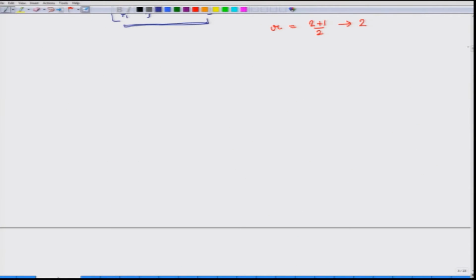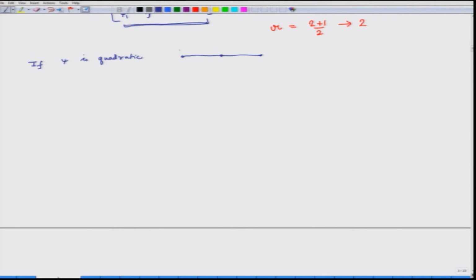Okay. So, the second thing is, if psi I is quadratic, what does that mean? How many points does it have in a quadratic element?